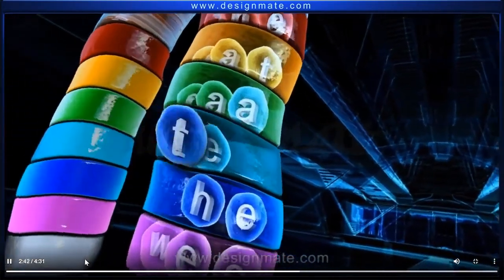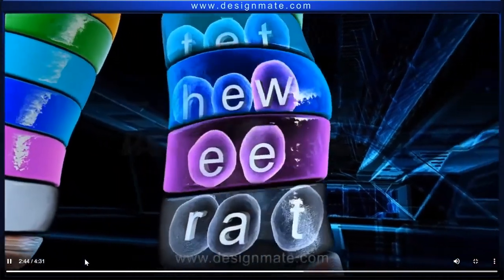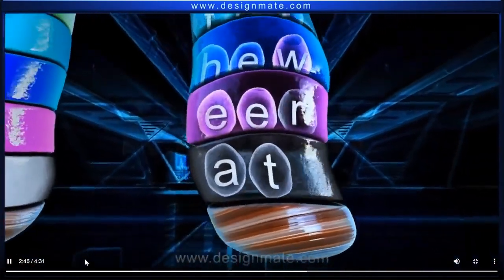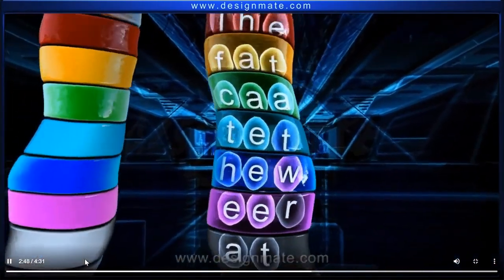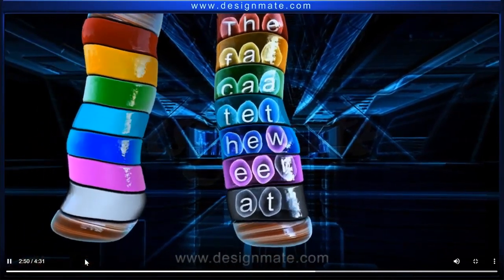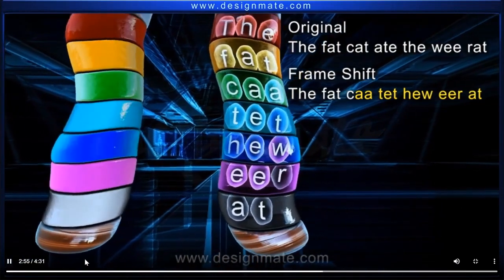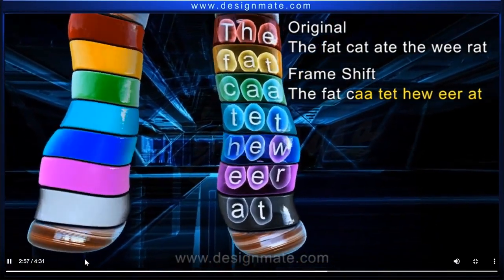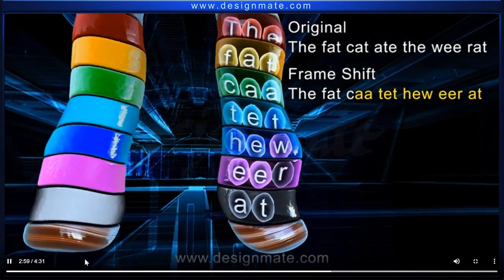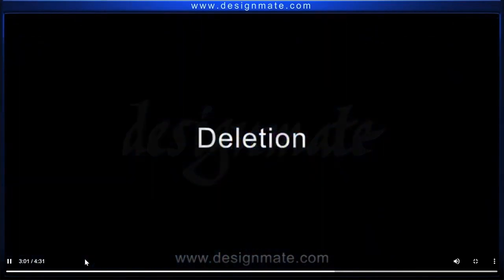But when we keep the original letter spacing, after a frame shift mutation, the sentence is modified into "The fat CAA TET HEWEERAT."